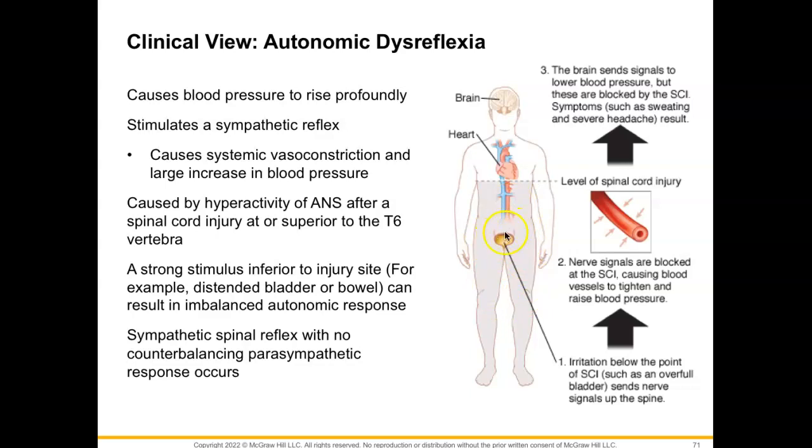For instance, a distended bladder, or it can even be your bowels, that can result in an imbalanced autonomic response. And so we see that your sympathetic spinal reflex isn't counterbalanced by your parasympathetic response because all the signals being sent are blocked by this injury to the spinal cord.